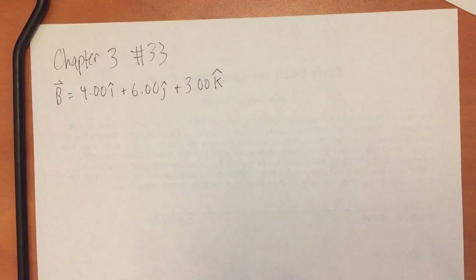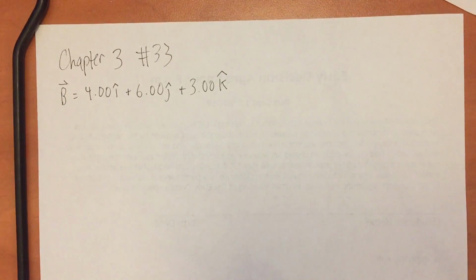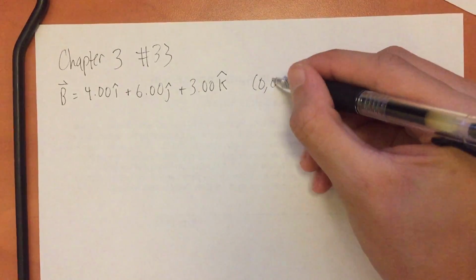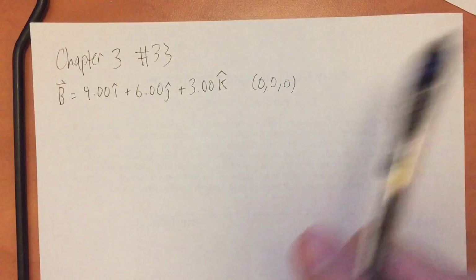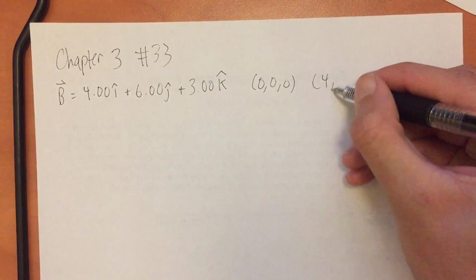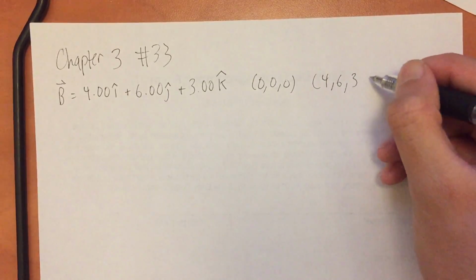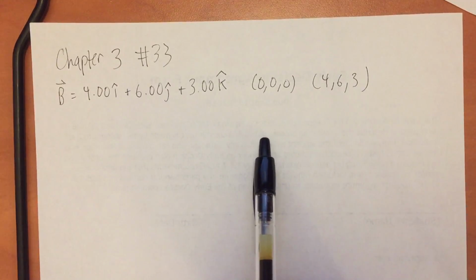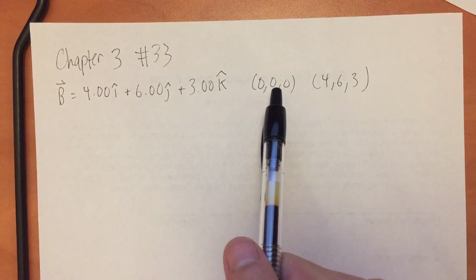And this is the equation of the vector, and we want to find the magnitude of vector B, which is the distance from the coordinate 0, 0, 0, the origin, to each of these x, y, and z coordinates, which is 4, 6, 3.